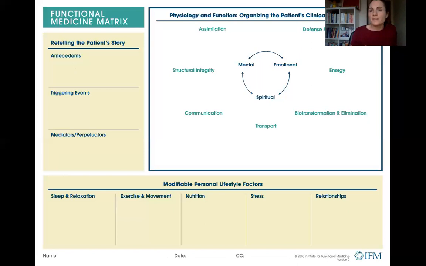Genetic predisposition will be something that we already have, and then we might develop dysbiosis in the course of our life because of a number of different things, or we might have long-term toxic exposure. So there are different imbalances that can be considered antecedents.